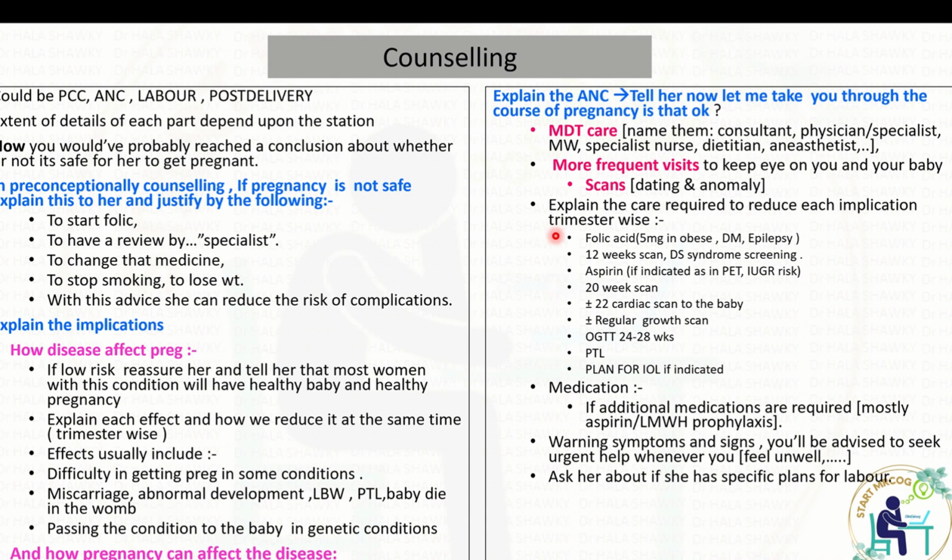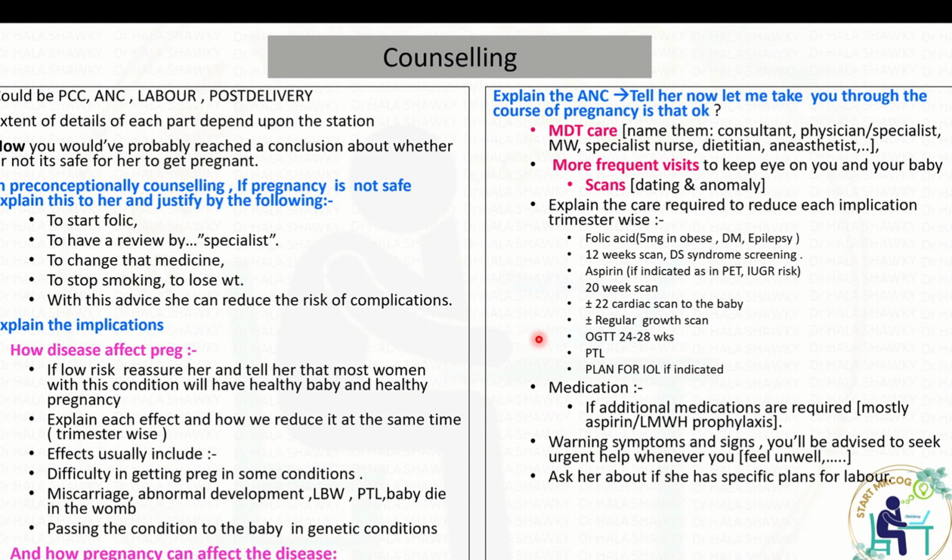Start from the first trimester, mention the folic acid, which could be a higher dose, 5 milligrams, if the patient is obese, diabetic, epileptic, and other indications. 12-week scan and Down syndrome screening. Then start aspirin at 12 weeks if there is risk of growth restriction or preeclampsia. 20-week scan and 22-week scan for the heart, plus or minus regular growth scans if indicated, and the OGTT is a routine, but sometimes it is a must to be mentioned.